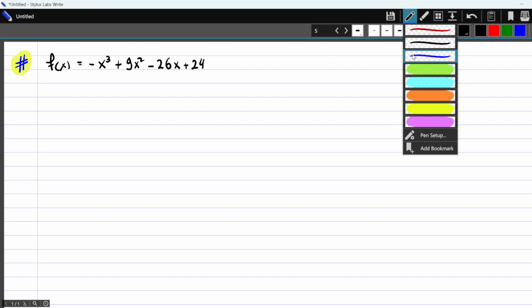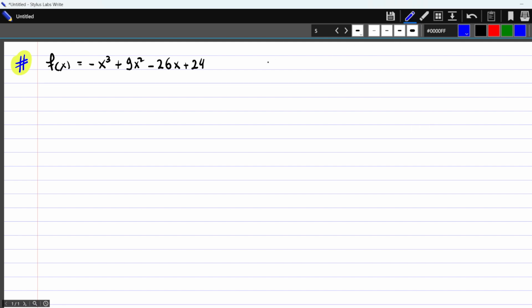And the exercise requires from us to solve the equation f of x equals 0, or in other words, find the roots or the solutions of the equation. Roots means solutions, okay?